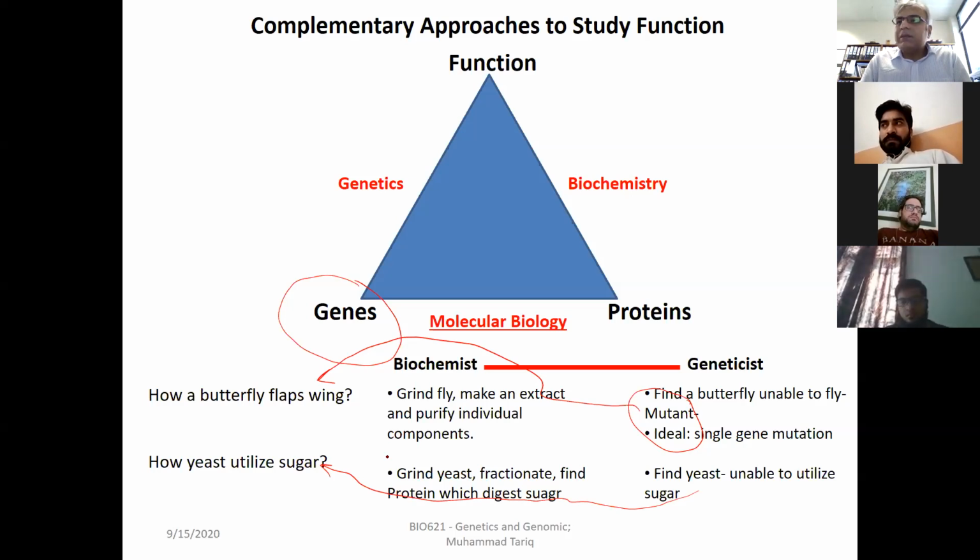We use a lot of gene-based approaches, but we are doing a lot of biochemistry as well, because without biochemistry you cannot understand the cellular function. Even if you clone a gene and you have a mutant, you have to clone the gene, express the protein, characterize it, and find where it goes. So in molecular biology, you do genetics, you do biochemistry, a lot of cell biology, and so on.